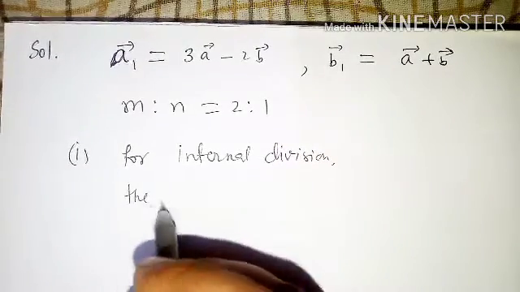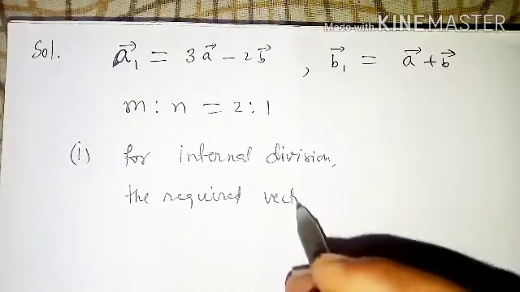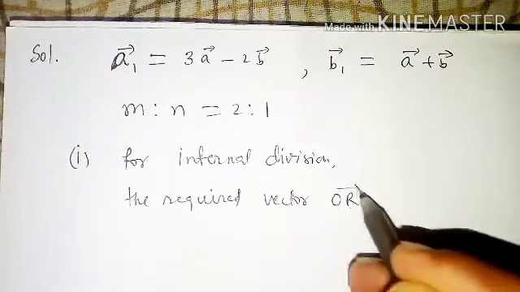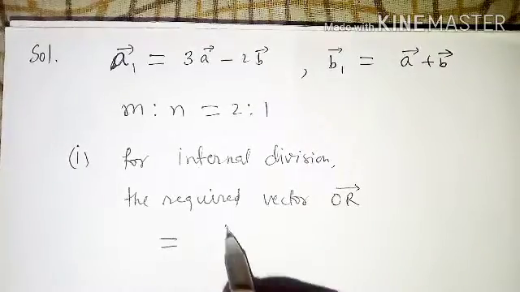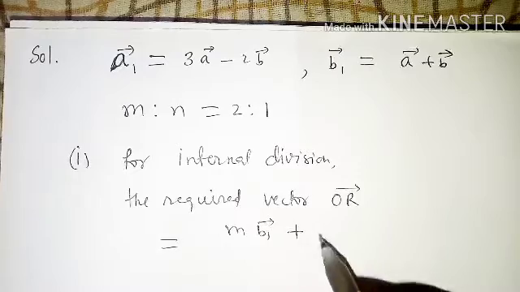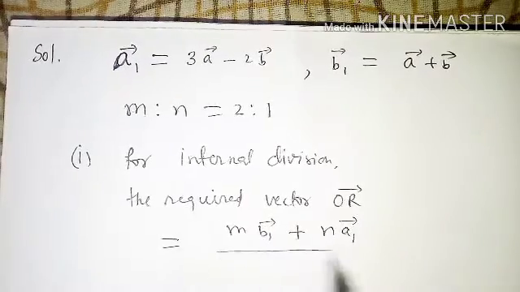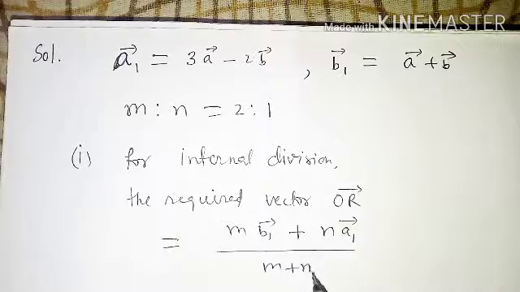the required vector OR is equal to m vector b1 plus n vector a1 by m plus n.